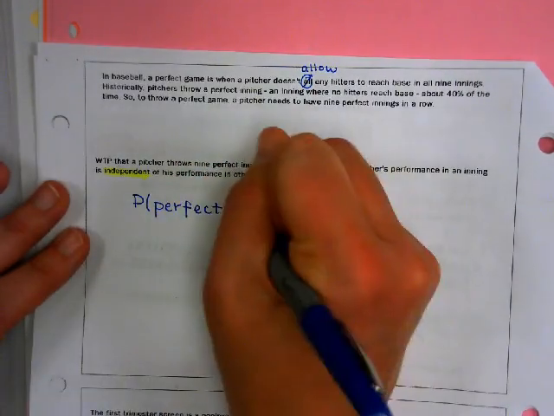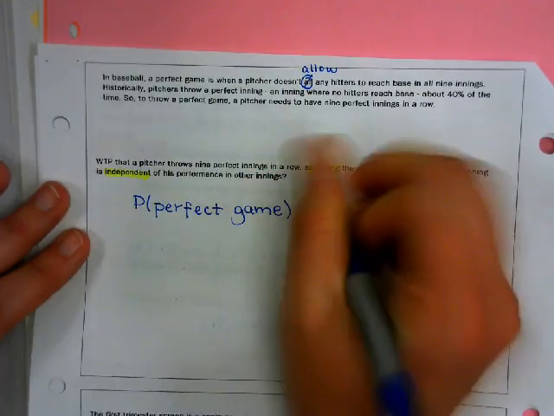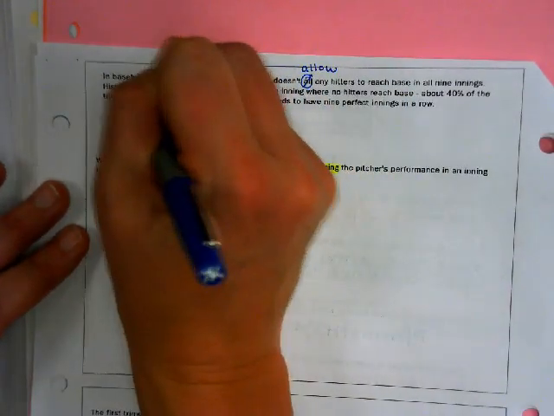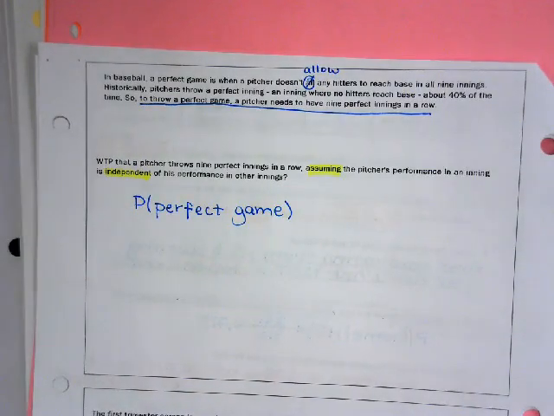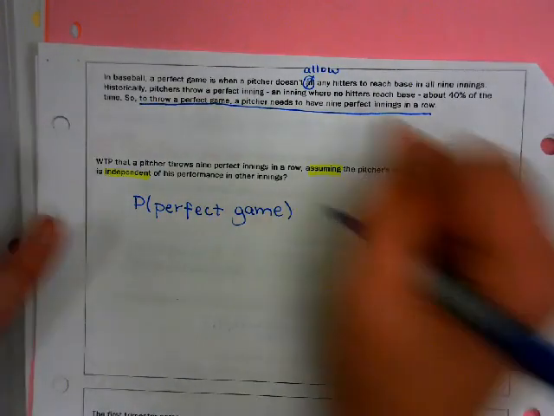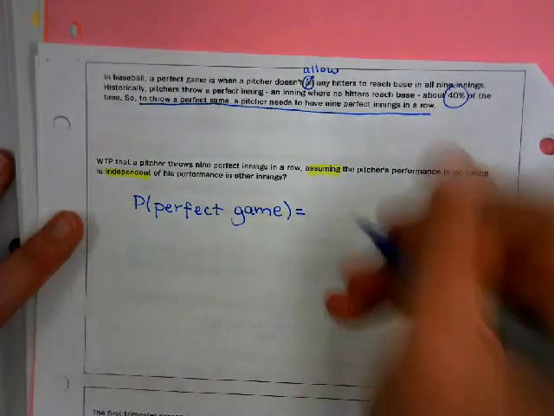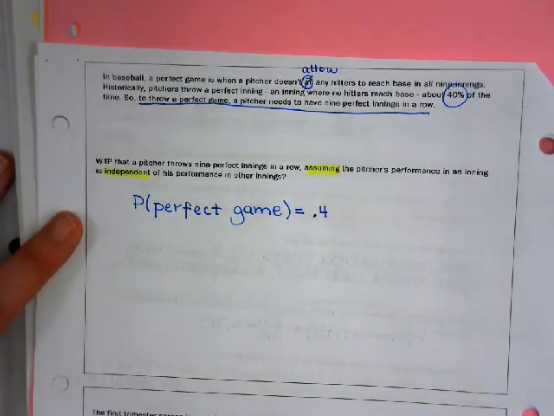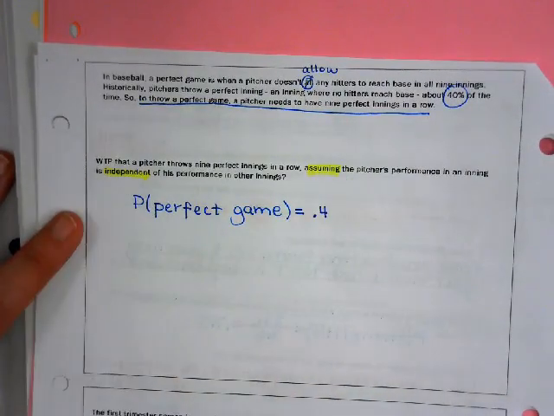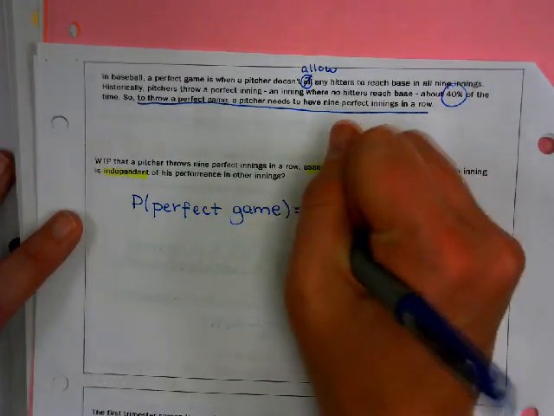To throw a perfect game, a pitcher needs to have 9 perfect innings in a row. What's the probability of a perfect inning? 40%. So if I have 9 innings in a row, assuming the innings are independent of each other, I can take the probability of a perfect inning and raise it to the 9th power to represent the 9 perfect innings.